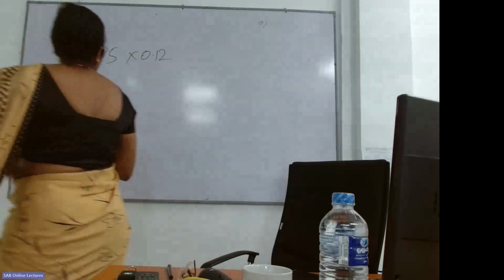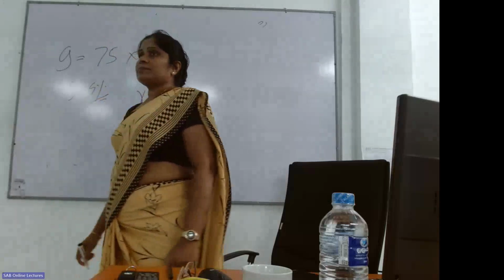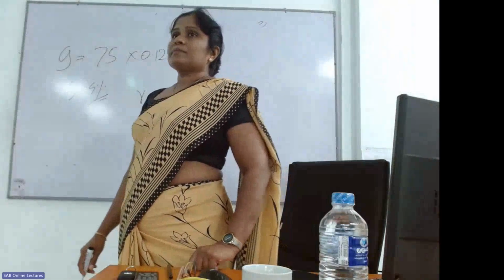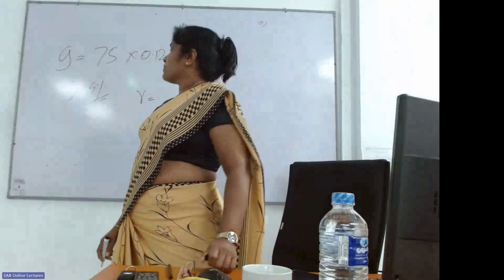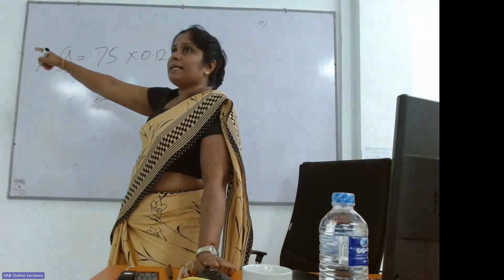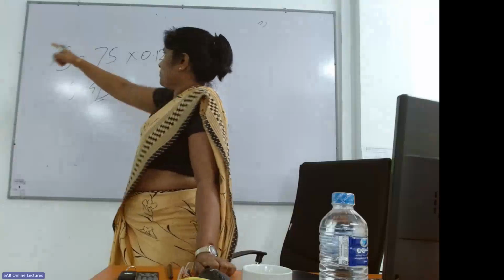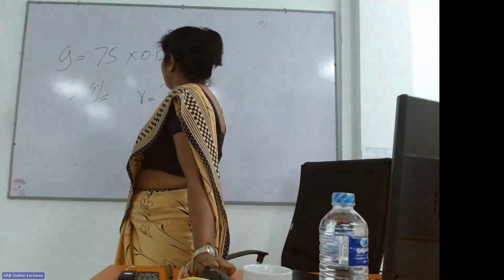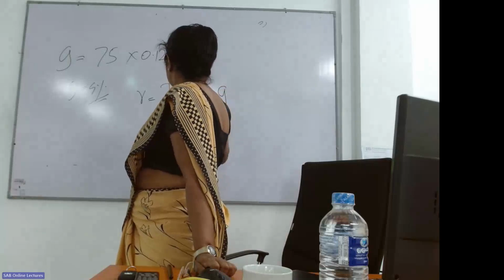So what is the required rate of return? Required rate of return you can calculate using the constant growth model and simplifying it to R. According to this, required rate of return is equal to D1 divided by the price plus the growth rate.